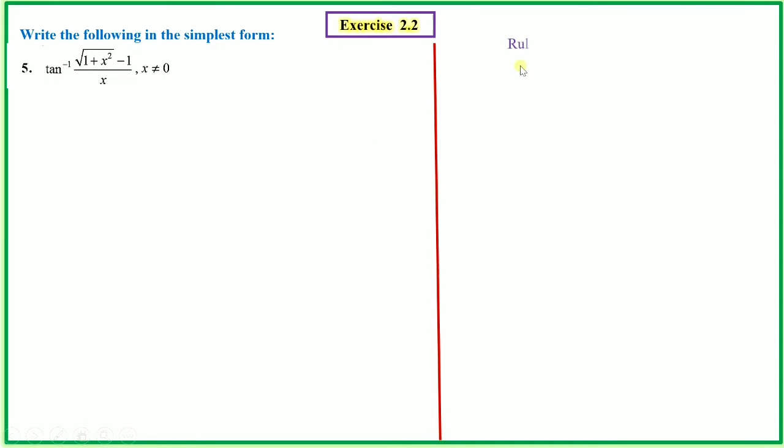For example, the rule for substitution. Like this question only, under root 1 plus x square, you need to remember this thing, if the variable comes in positive manner and the square, it will be square only.